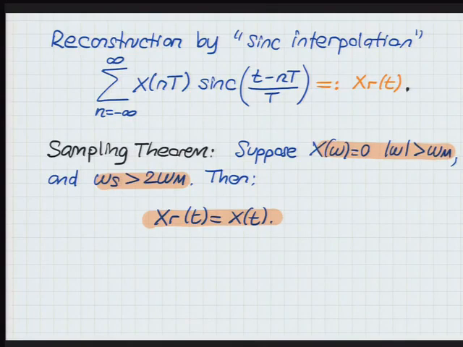Fast meaning at least, or actually strictly more than twice the bandwidth. All right? Very important theorem. It's an important part of this class, so it's important to understand the statement. The proof can come later. All right? Any questions about the statement? The proof we'll discuss.